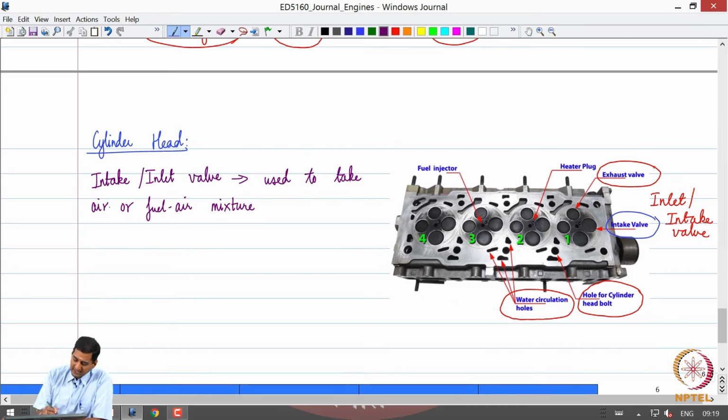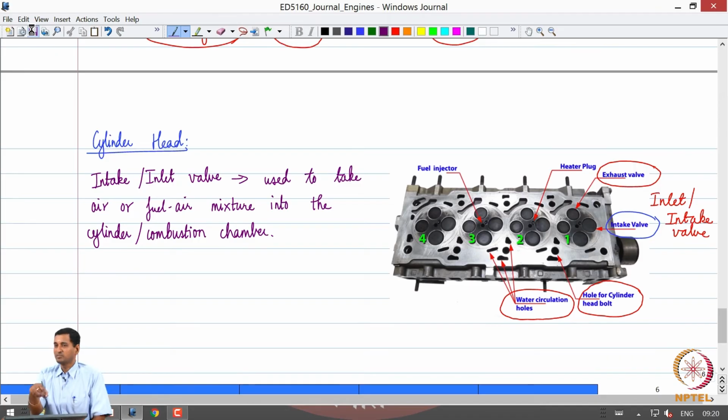So, it is used to take air or fuel air mixture into the cylinder or combustion chamber. Okay. So, we will use the words cylinder and combustion chamber interchangeably in our discussions in the scope of combustion. Okay. So, that is the function of an intake valve.